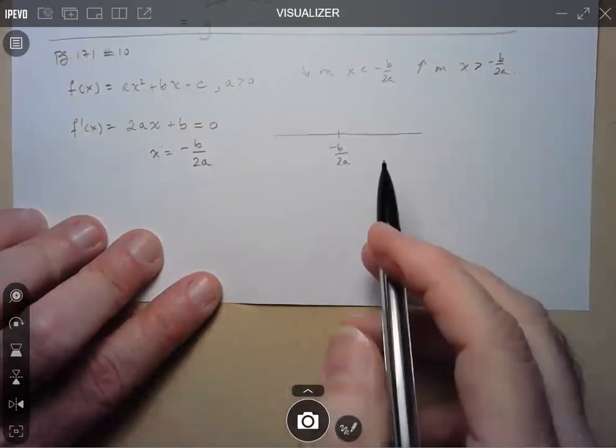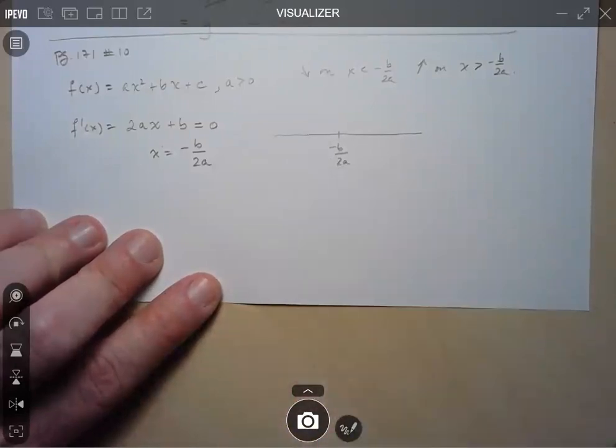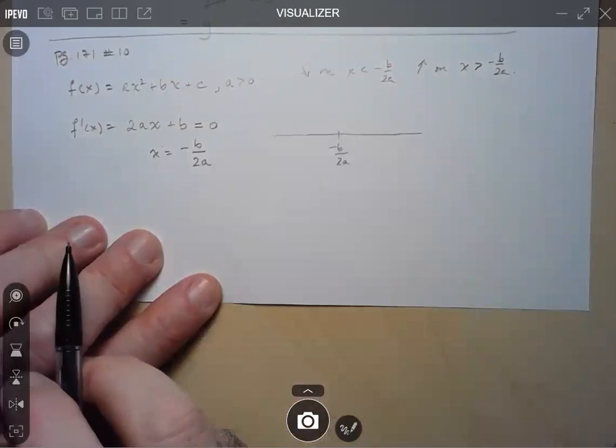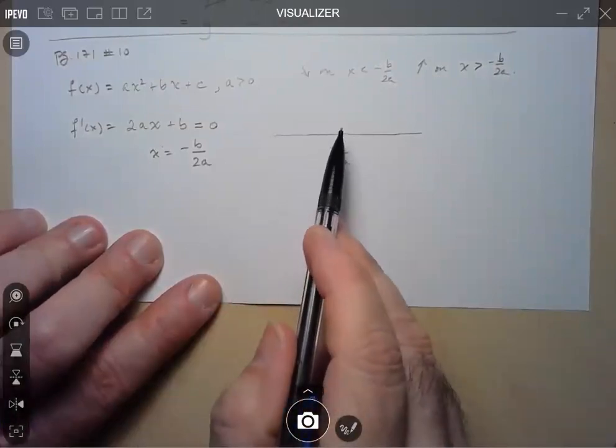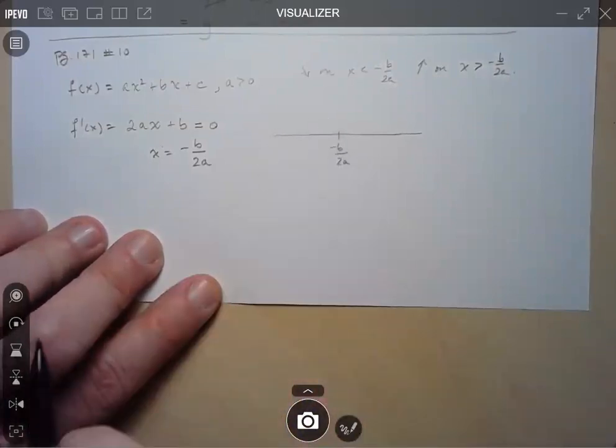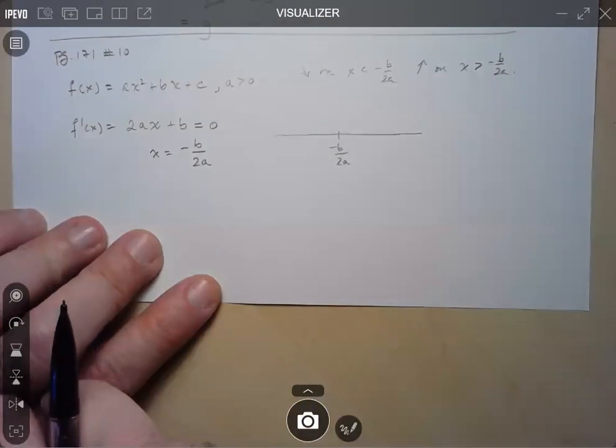So the problem is I don't know what this number is. But can somebody tell me what will guarantee that I am to the left of this number? What is the easiest thing I can do to guarantee that I have a number to the left of negative b over 2a? Would anybody like to suggest something to me?